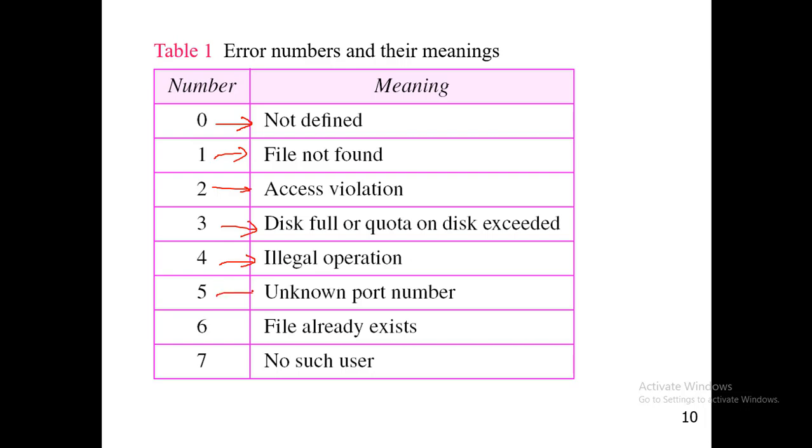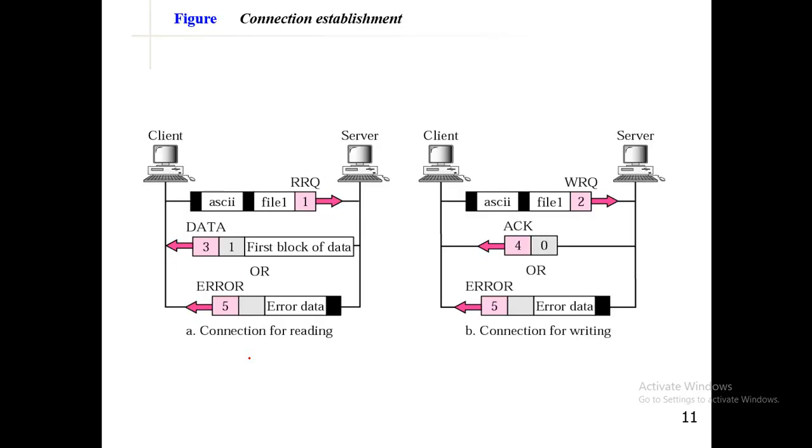Number 5 shows unknown port number, 6 shows the file already exists, and 7 is for no such user. These are some of the error types.